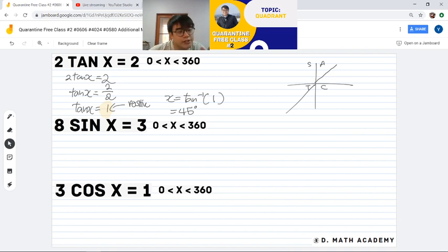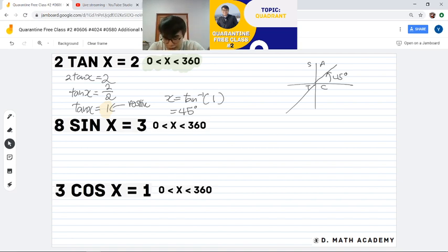Okay, however, this is not the end, because you're required to incorporate this information here. In every question, they will give you a particular range that the answer could appear in. So for this, we have 0 to 360, which means it doesn't only cover this 45 degree that we have over here. You also have to include the second answer, which is the one at the third quadrant.